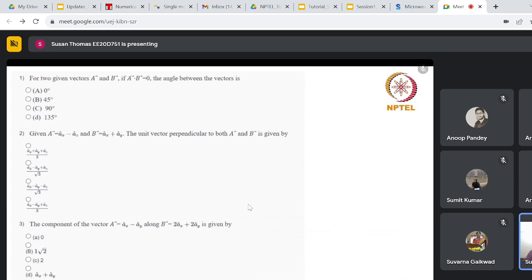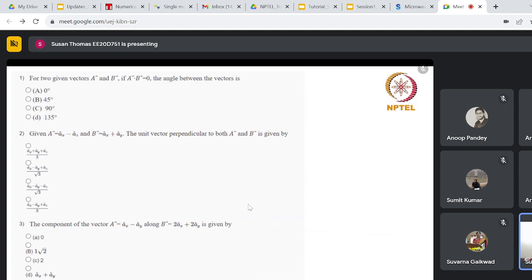I hope you have already attempted assignment 0, and I found some questions in the discussion forum. So I thought I would select a few questions from assignment 0 and quickly solve them, so that if you have any doubts you can ask. These are very simple questions, so we will take a quick recap.